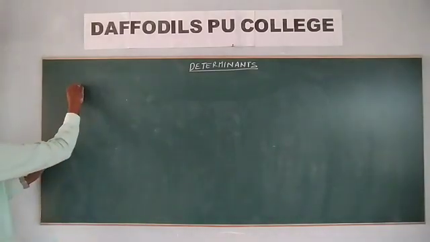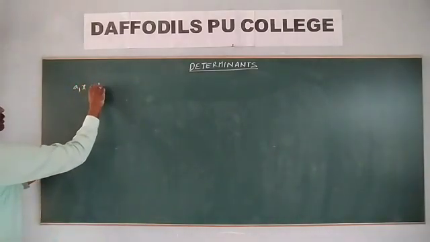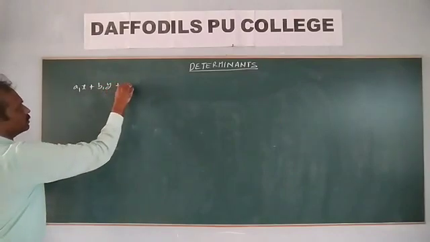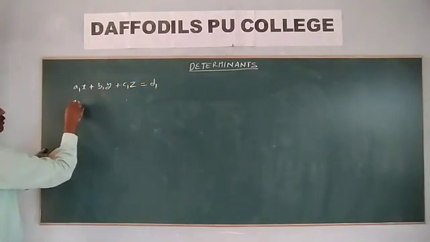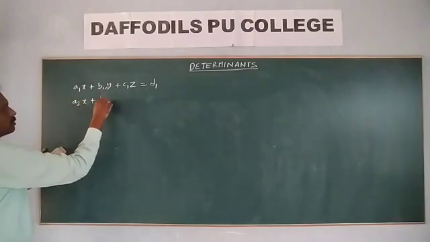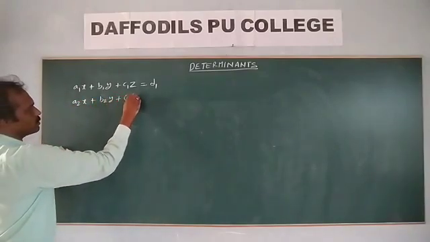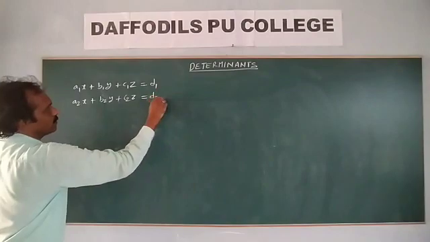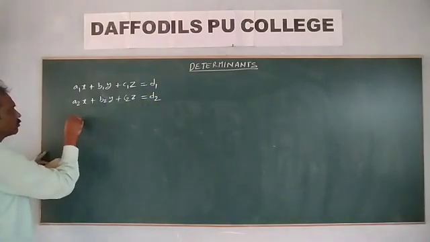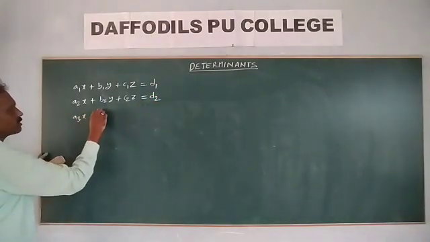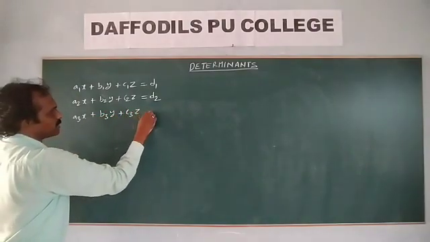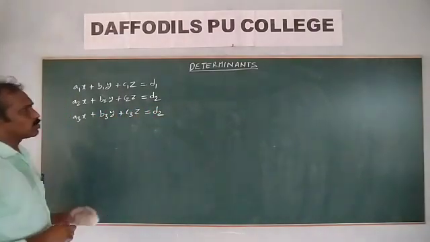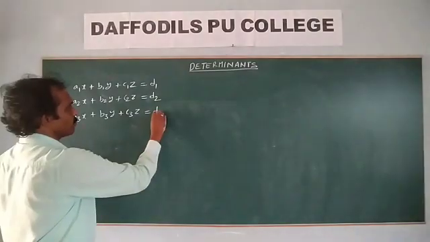Suppose for example a1x plus b1y plus c1z is equal to d1, a2x plus b2y plus c2z is equal to d2, a3x plus b3y plus c3z is equal to d3.